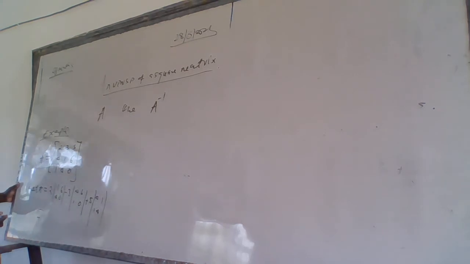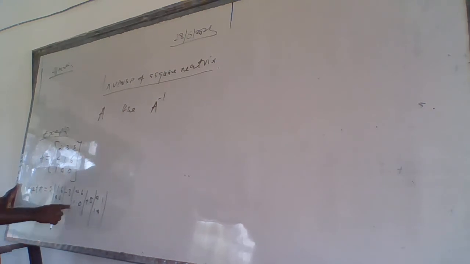We expand the determinant. We have 0 times 1, which is 0, minus 24. So we have negative 24 times 2, which is negative 48. Then 0 times 4 is 0, minus 1 times 6, so negative 6 times negative 3 gives plus 18.